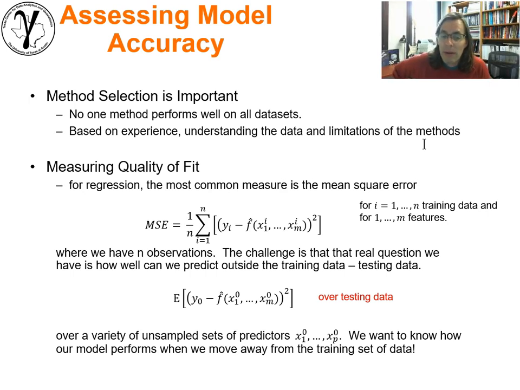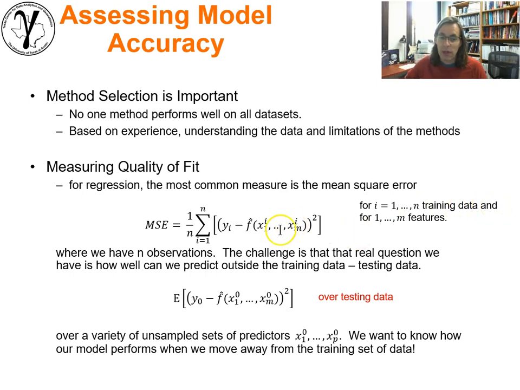One of the most common measures of goodness of the model would be a mean squared error. As we will see later on, that is an L2 norm, but for now we'll just say it's a convenient methodology by which we can measure the goodness of fit of our model. Now, if you notice, I've indexed it as i equals 1 through n, where i is equal to 1 through n training data.